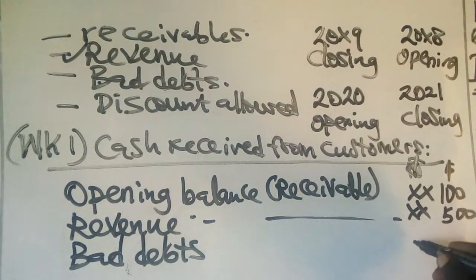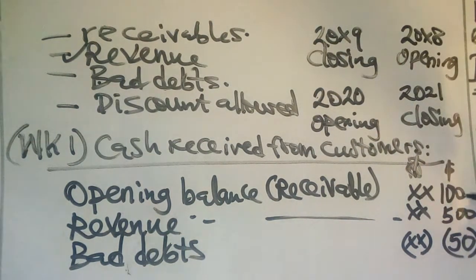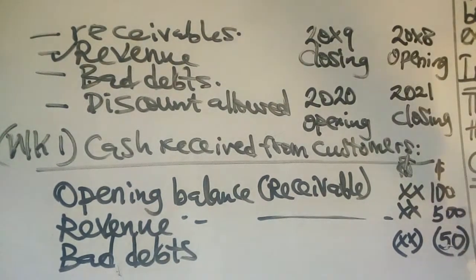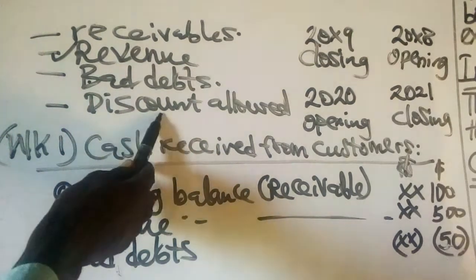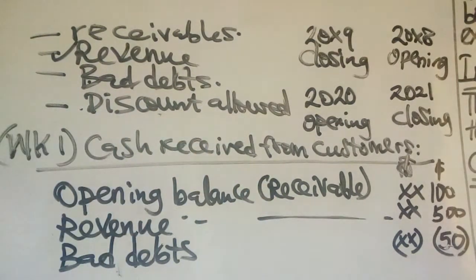So you are going to remove it from the amount the customers are owing. Maybe $50 becomes bad. From 600, you remove 50, so the good debt now is 550, no longer 600. So that is bad debt. Then discount allowed is the next one.